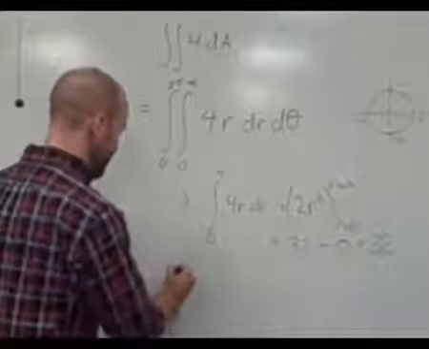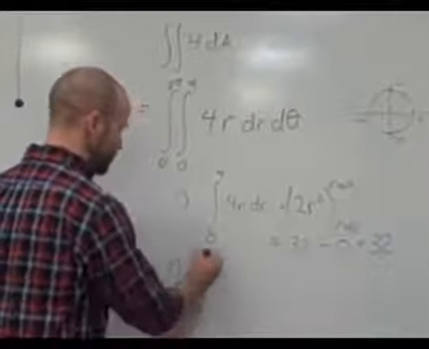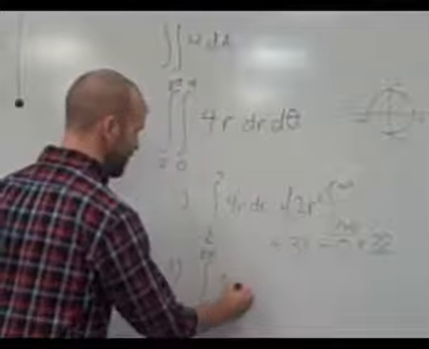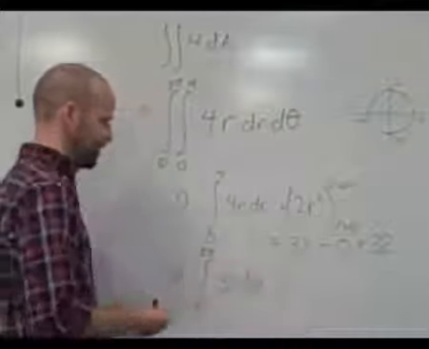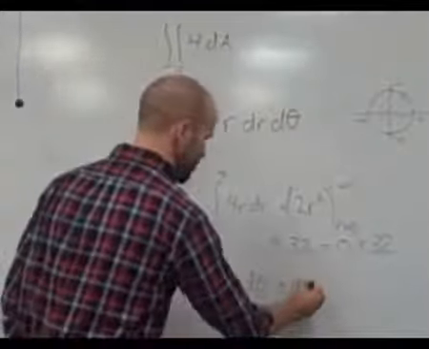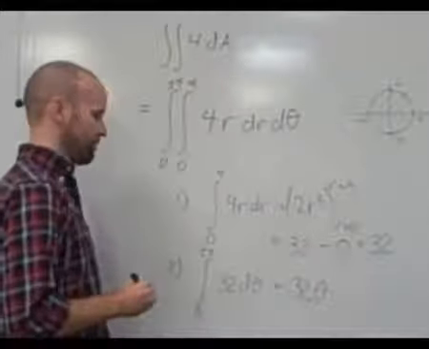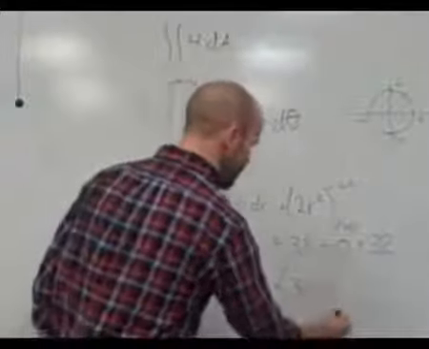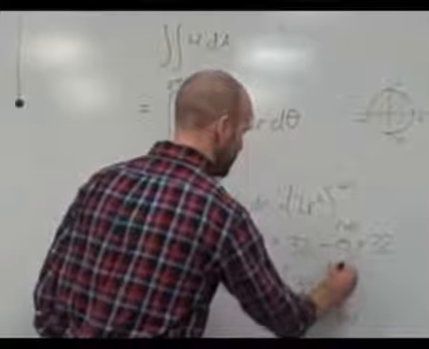So then my second step would be the integral from 0 to 2 pi of 32 with respect to theta, which would just be 32 theta. And then theta goes from 0 to 2 pi.